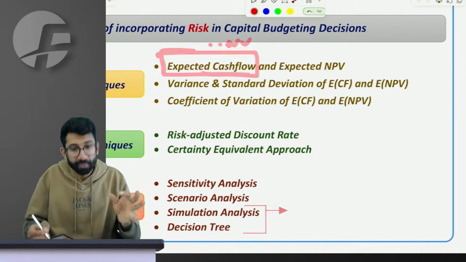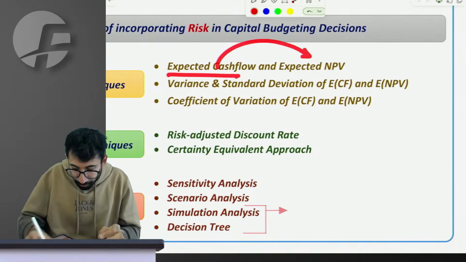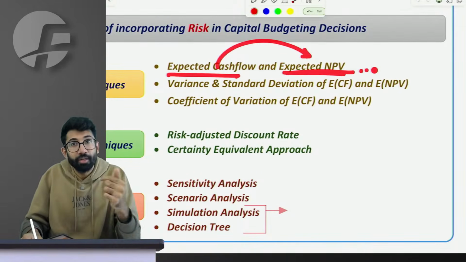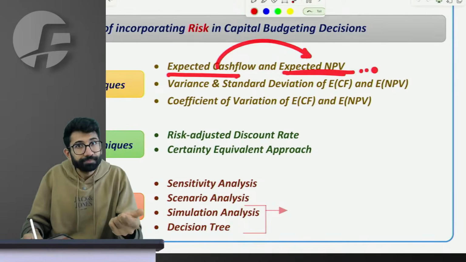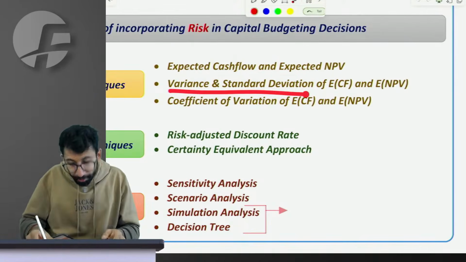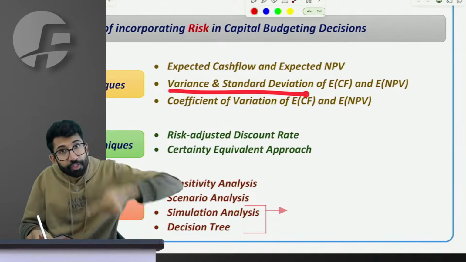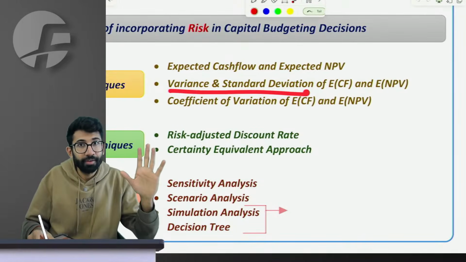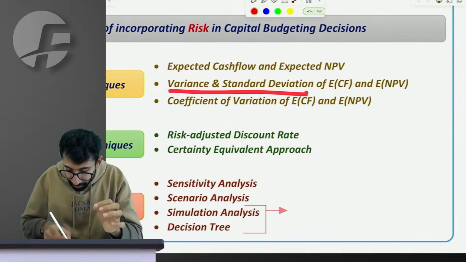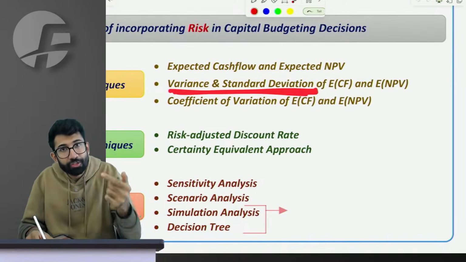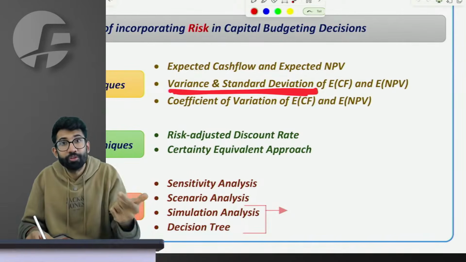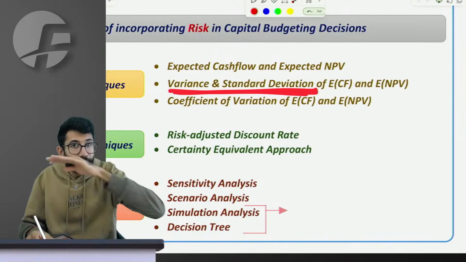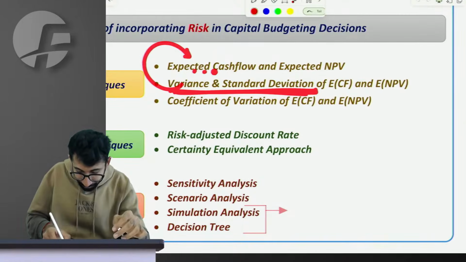Using expected cash flow when you calculate NPV, it is called expected NPV. Similarly, you remember variance and standard deviation, which is fluctuation of possible returns from the expected return. Here you have to calculate the fluctuation of possible cash flows from the expected cash flow.